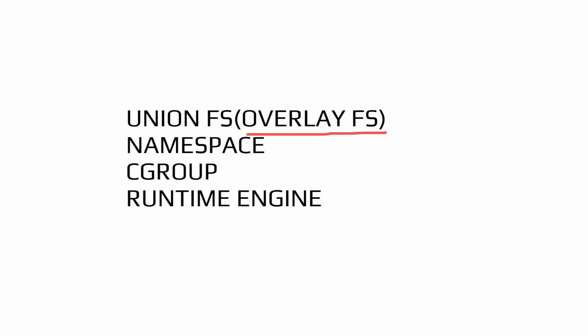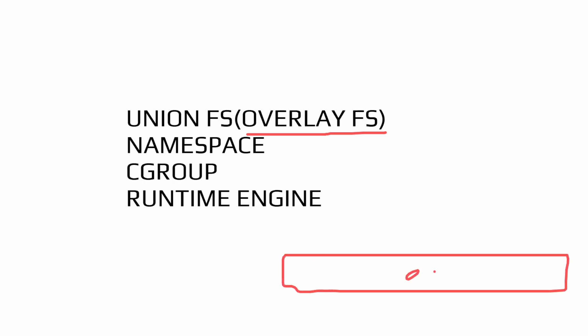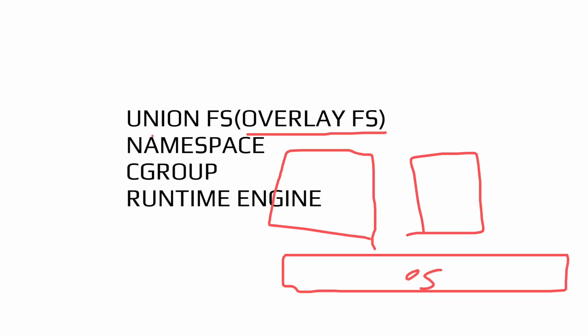And the next important thing is namespace. Like I told, we have this one single operating system here. Then how do we isolate the applications? It is because of namespace and cgroup. Namespace just provides the isolation for the resources, so that the container just thinks it has its own resources.